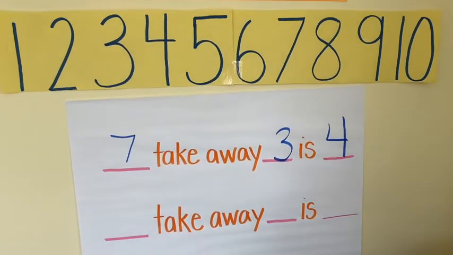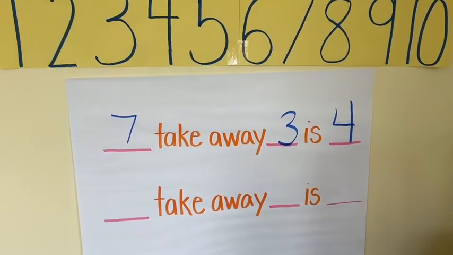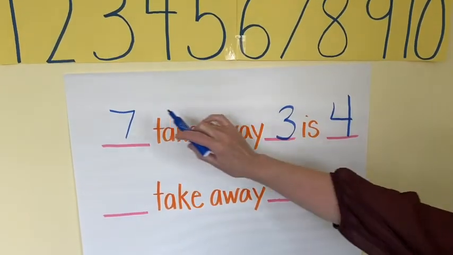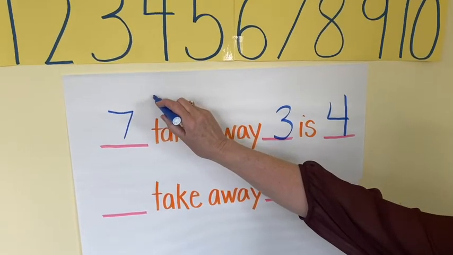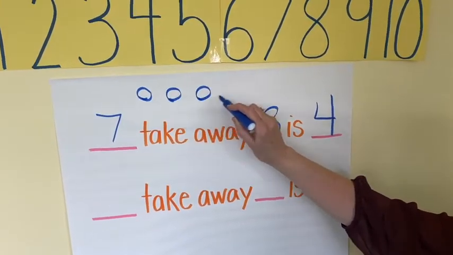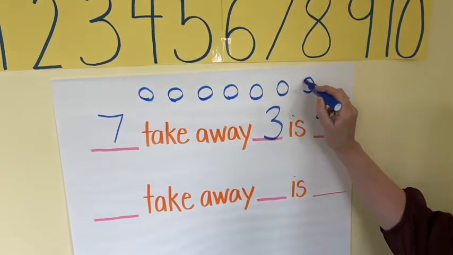So what happens is when I have to take this story and make a picture, I won't draw the flowers here because I just want to draw them quickly. I would say I have 7 flowers. So I would just make circles. 1, 2, 3, 4, 5, 6, 7.